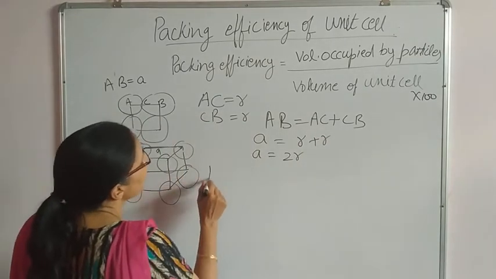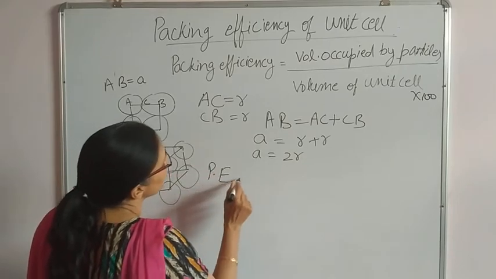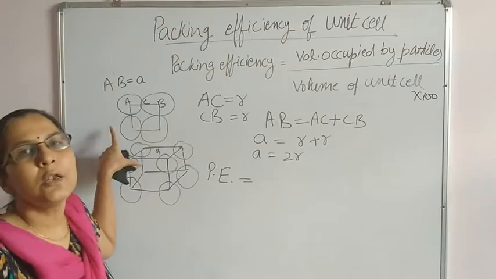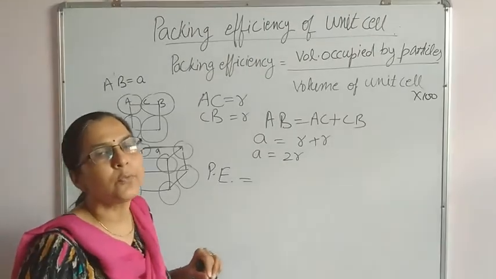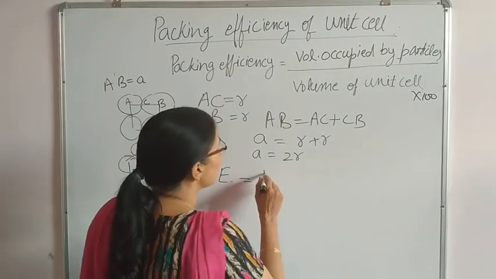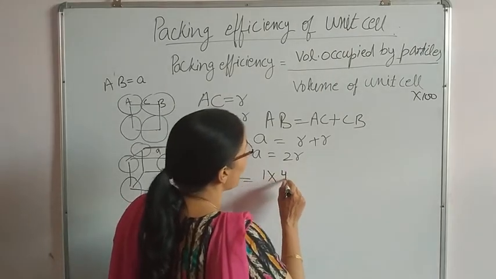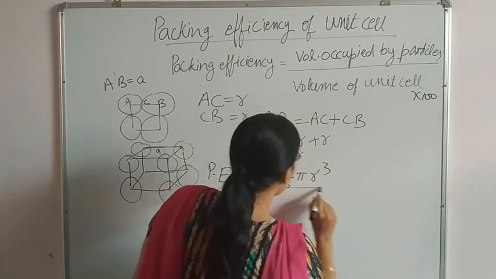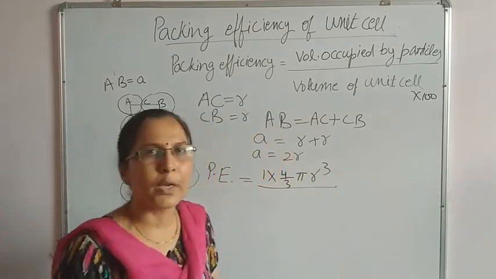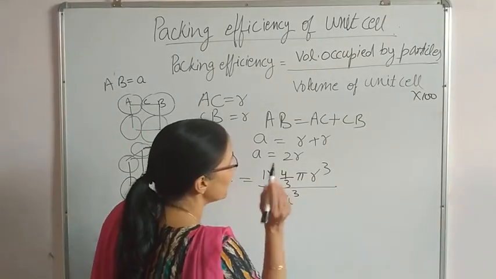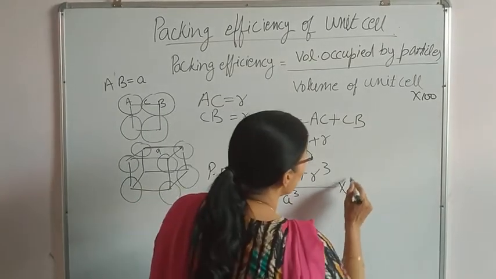Now, packing efficiency. You know that in the simple unit cell, the number of particles is equal to 1. So the volume occupied by the particle is 1 into 4 by 3 pi r cube divided by the volume of the unit cell. The unit cell is cubical, so it is a cube, into 100.